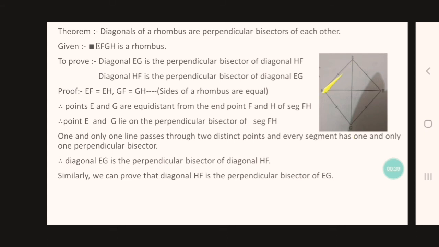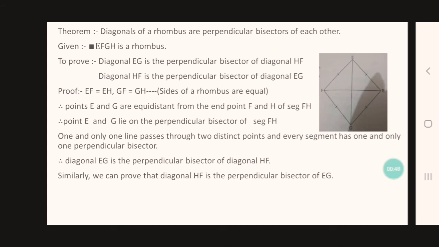Now EF is equal to FG, FG is equal to GH, and GH is equal to HE. They are the sides of the rhombus, and all sides of a rhombus are equal to each other.